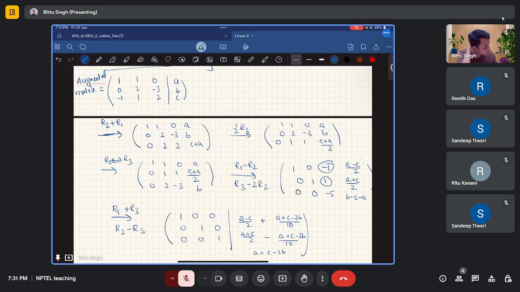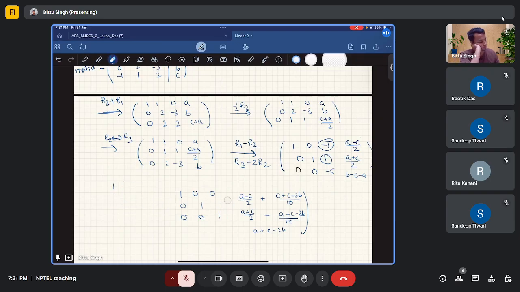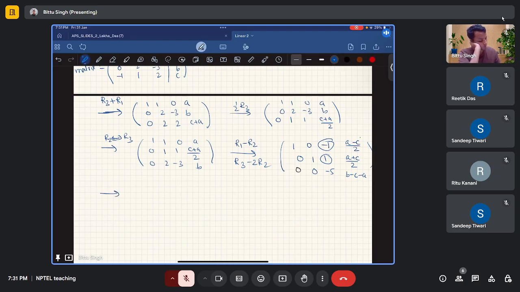Okay, if this is clear now, then 1 by 5 times R3, everything else is the same. The last row is 0, 0, 1, and (a plus c minus b) by 5, because we have divided by minus 5.